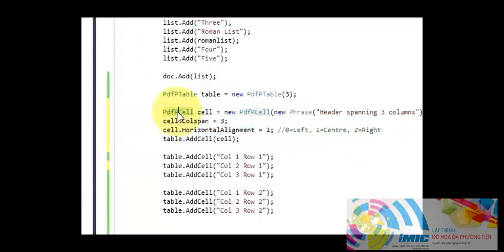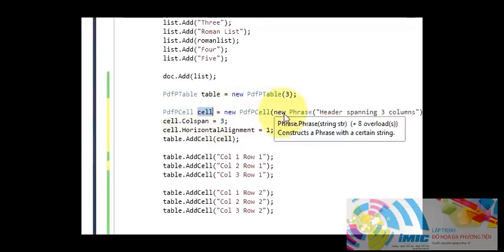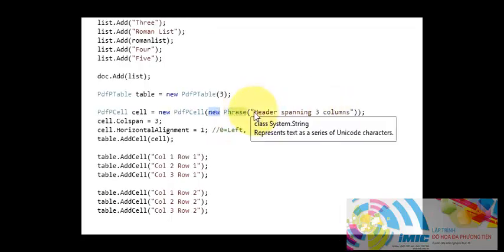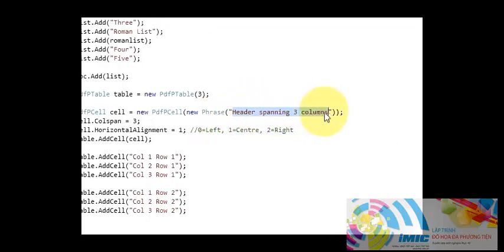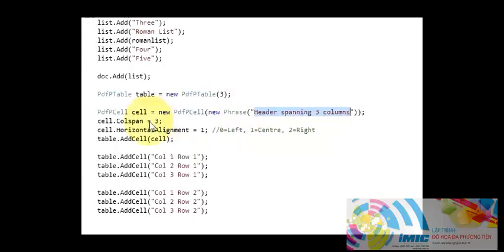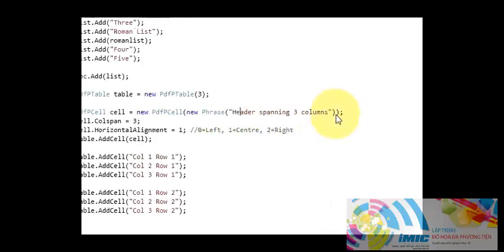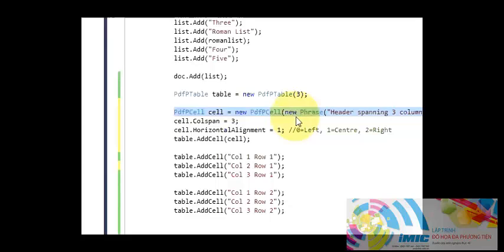So write this code for the header. Write PdfPCell and give it a variable name, is equal to new PdfPCell, and in the bracket you can give the title of your header. So write new Phrase, and in the bracket give your header name or header text, okay, and close the bracket. So like that, this is the header title.